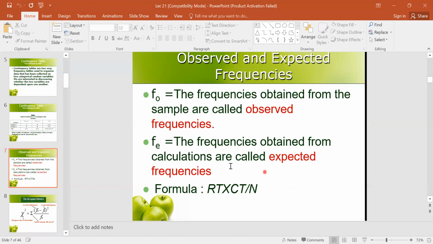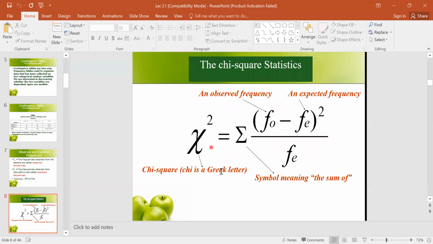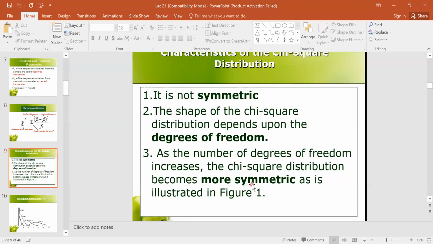To calculate the expected frequencies, we take the row total and column total, multiply these two, and divide by the grand total, and we get the expected frequency of each cell. After that, we replace the values here to get the chi-square statistic. So this is the formula to calculate the chi-square statistic.